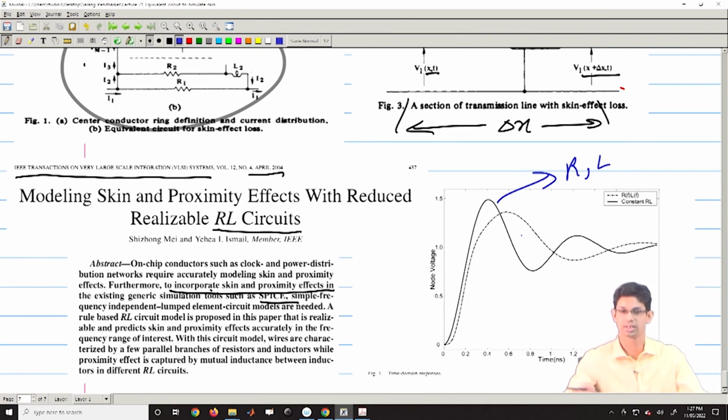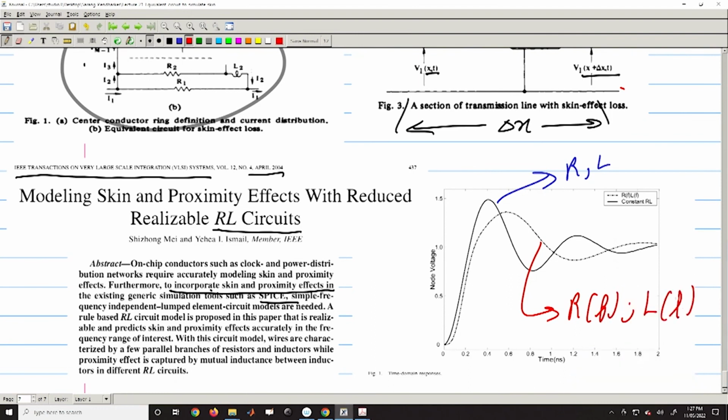But when skin effects trigger in, your R and L become functions of frequency. So, your R is a function of frequency and your inductance is also a function of frequency. In that case you have a signal like this, and you can see the distortion introduced because of R and L becoming functions of frequency.